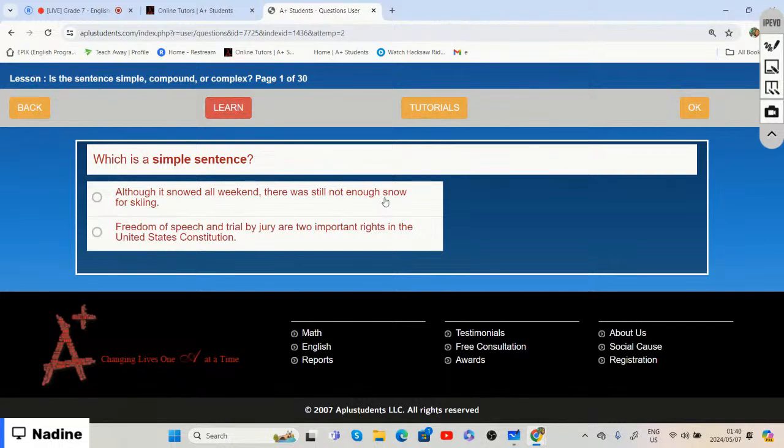So we now need to say which is a simple sentence, right? Although it snowed all weekend, there was still not enough snow for skiing, or freedom of speech and trial by jury are two important rights in the United States Constitution.